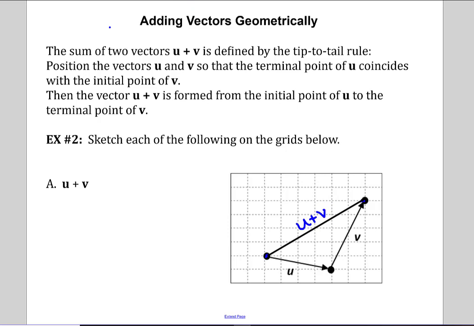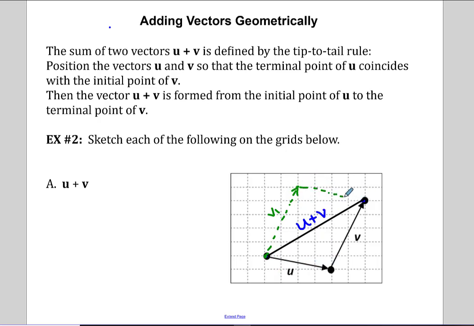Now you can also see that this creates a parallelogram. So if vector v went 1, 2, 3, 4, 5 up and 2 right, starting here, 5 up and 2 right, this vector is another translation of v, and then vector u is 1 down and 4 right.